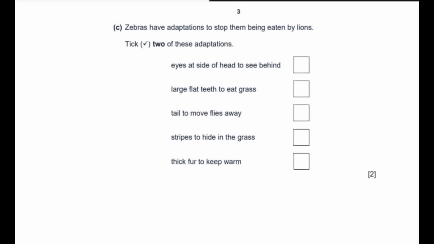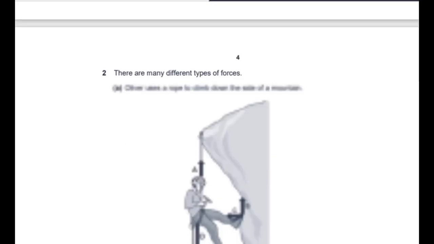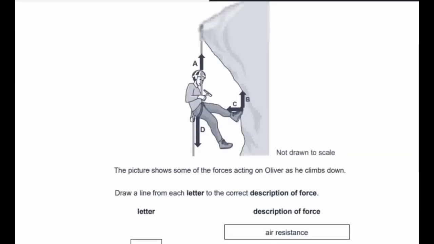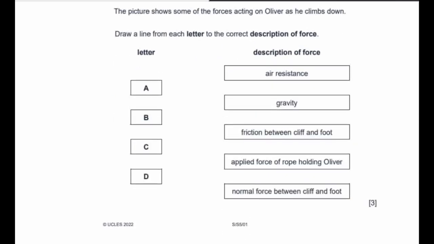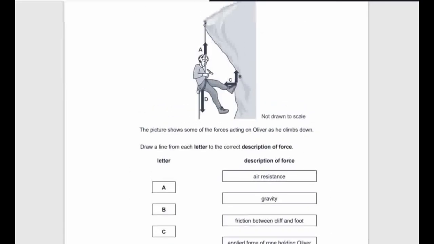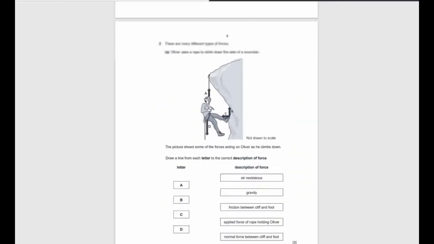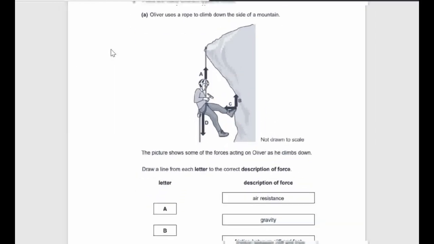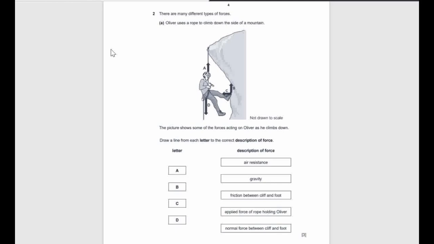Next, this is 1C. Then we move on to question 2. This is the full page for question 2, with 2A and 2B.